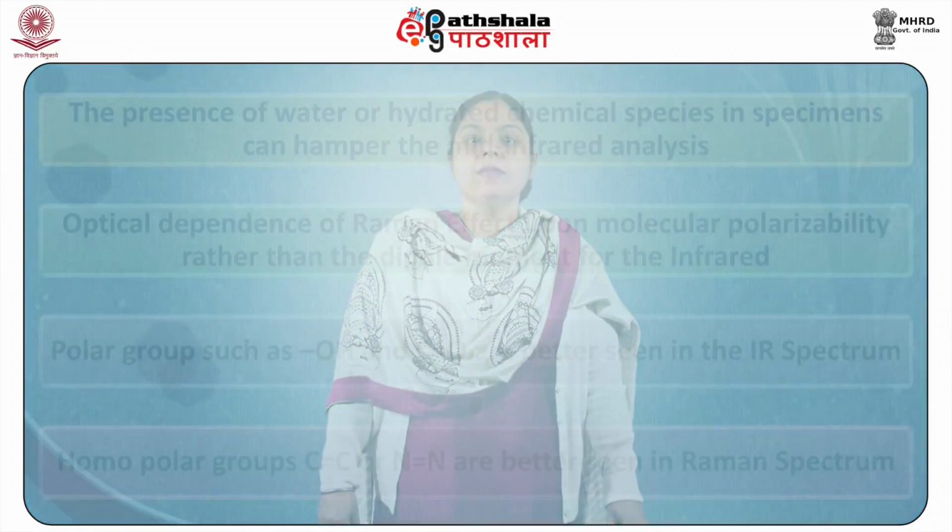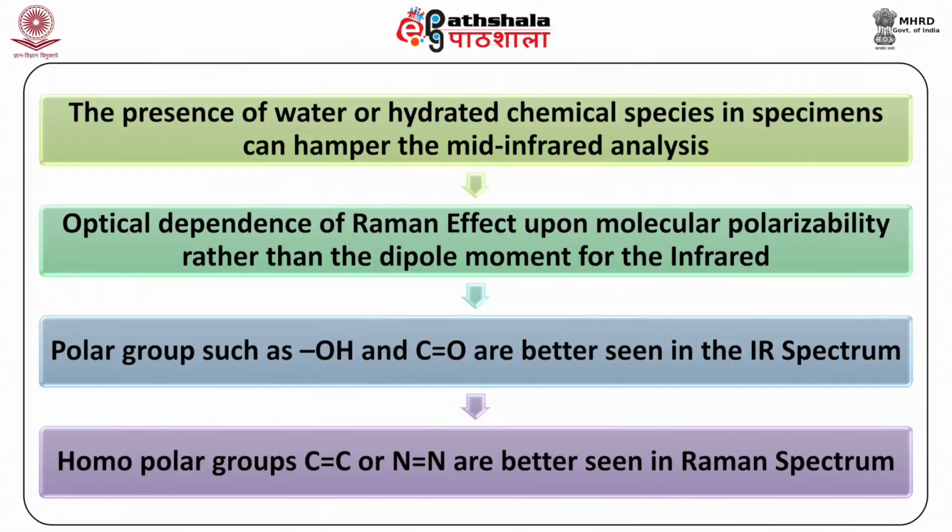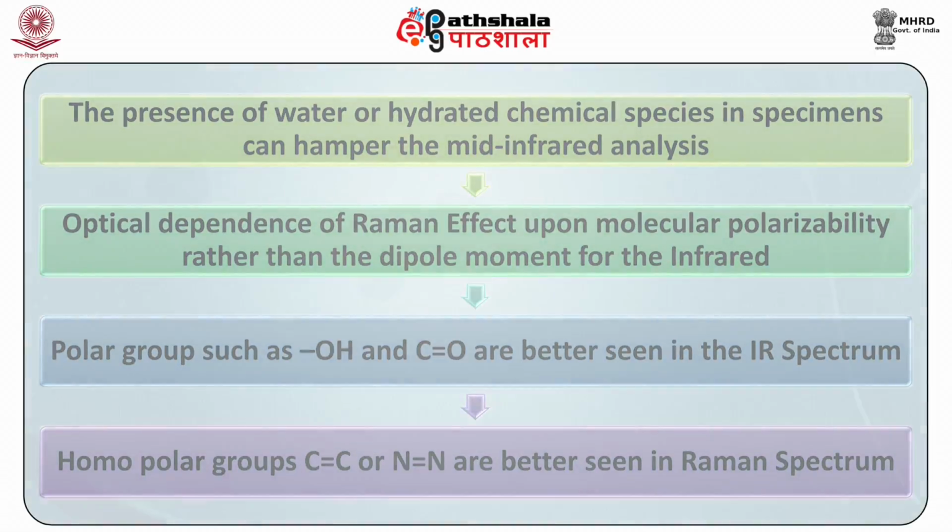For example, the presence of water or hydrated chemical species in specimens can hamper the mid-infrared analysis, while the dependence of the Raman effect upon molecular polarizability rather than the dipole moment for infrared means that polar groups such as the OH group and CO group are better seen in the infrared spectrum, whereas homopolar groups, carbon-carbon or nitrogen-nitrogen, are better seen in the Raman spectrum.